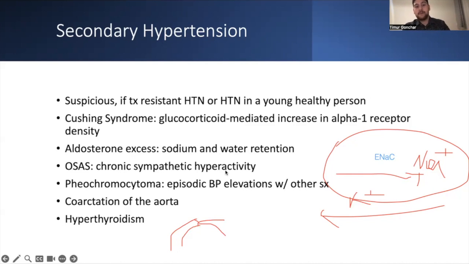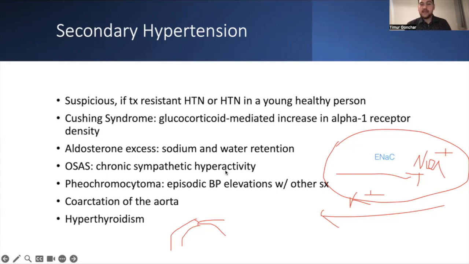And in this patient, you will get elevated blood pressure in the arms if you measure it there, and decreased blood pressure with decreased perfusion in the legs, because due to this coarctation, there's going to be just less blood flow for the lower part of the body.